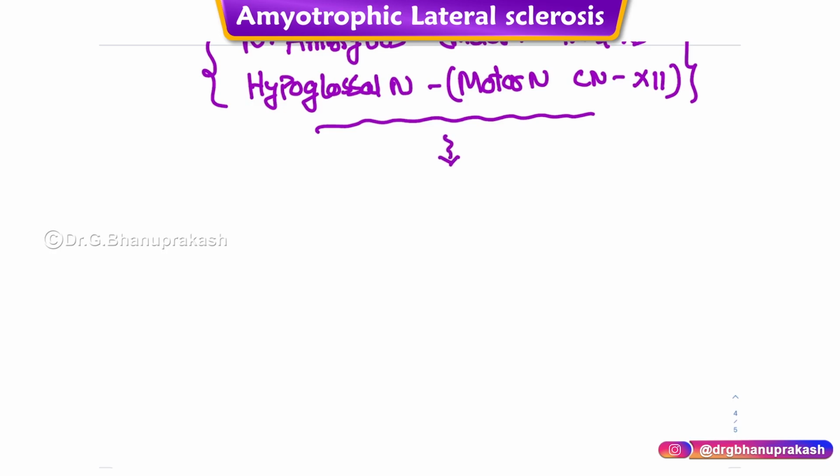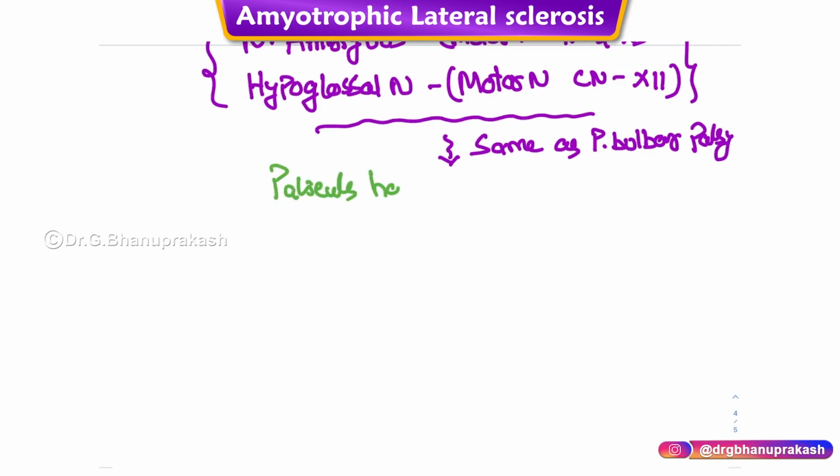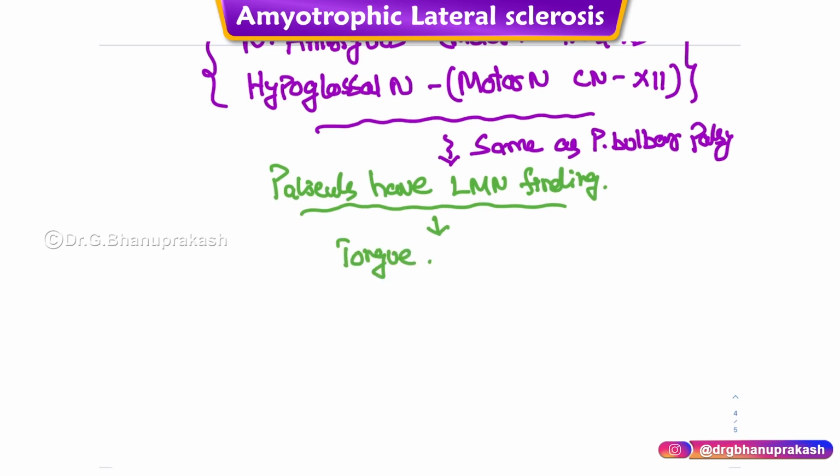What are these findings? Tongue atrophy, because of the involvement of the hypoglossal nucleus, right? And fasciculations.